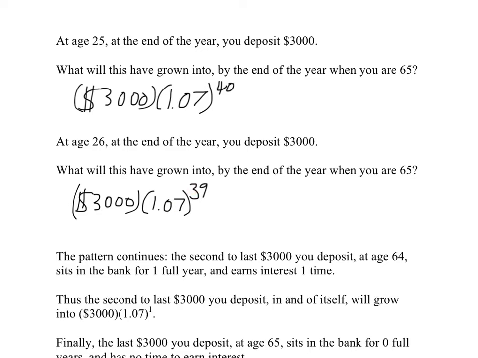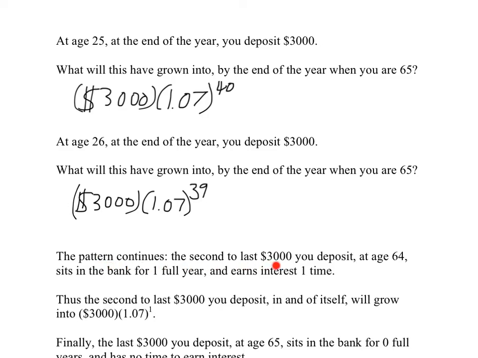There are 39 separate growths by 7%. This pattern keeps going. Every year there's a new $3,000, and that $3,000 gets multiplied by 1.07 a certain number of times. You get a sum of many different terms that look like 3,000 times 1.07 to the something, and that something keeps dropping by 1 at each step.